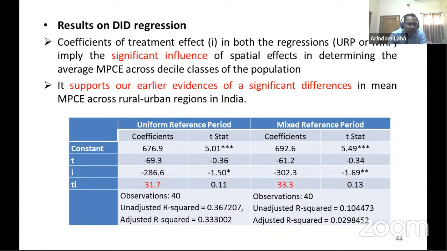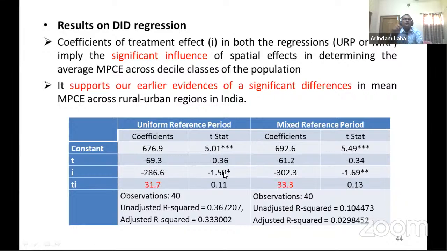For the mixed reference period, we have only 40 observations. For uniform reference period, 40 observations. For mixed reference period, similarly, we have 40 observations. So we have done the regression separately, one for uniform, another for mixed reference period. Okay, and these are basically the coefficient, and these are the t value, and these are the level of significance.